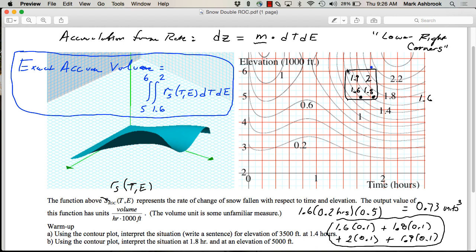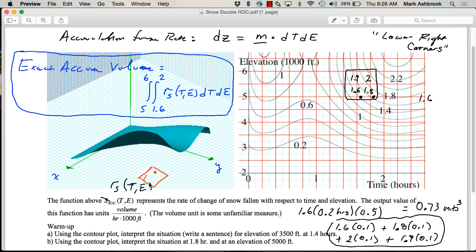So if I come over here and look at this, this is the x-axis, and this is the y-axis. Somewhere over here is from 1.6 to 2, in red, and from 5 to 6.